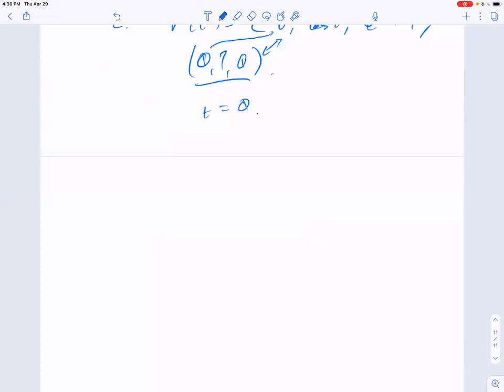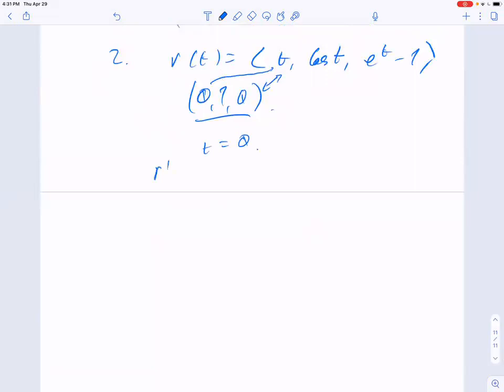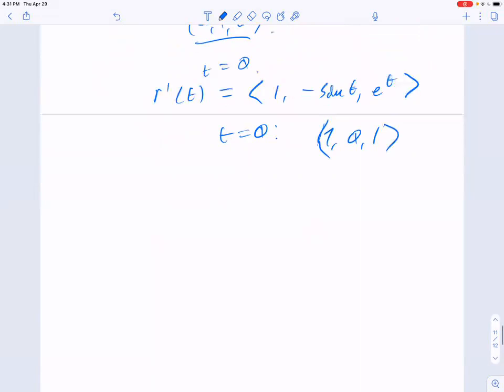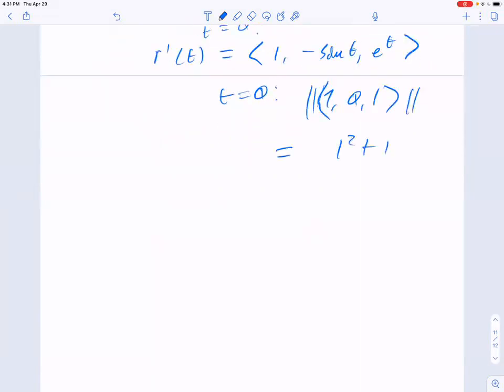And that gives you 1 minus 9t, okay? And now we have to plug in t equals 0, which gives you 1, 0, 1, all right? So that's a vector. And now we just have to take the magnitude of this, okay? And that gives you the square root of 1 squared plus 0 squared plus 1 squared, and that's equal to root 2. Okay, so hopefully that's what everyone else got.